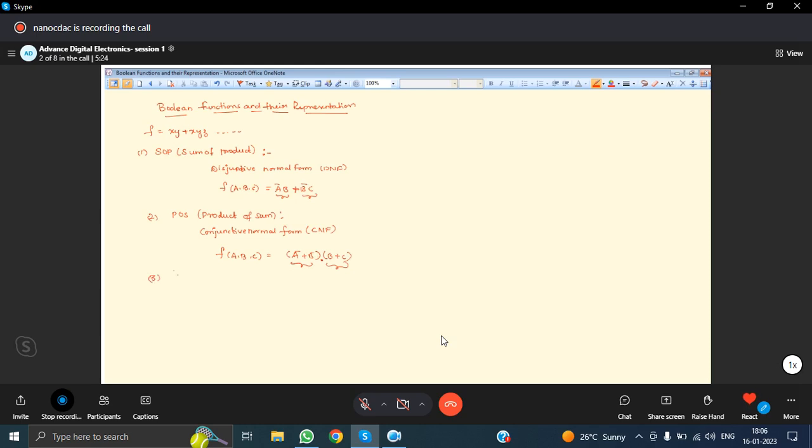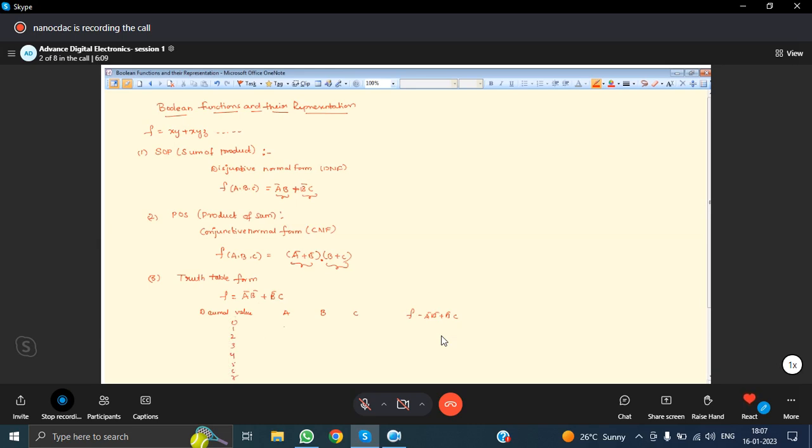The third method of representing any Boolean function is the truth table form. Let us suppose we have a function a bar b bar plus b bar c. How do you represent it in truth table form? You will be writing the decimal value, and you will have a, b, c, three variables, and this is the function a bar b bar plus b bar c. So 0 1 2 3 4 5 6 7.